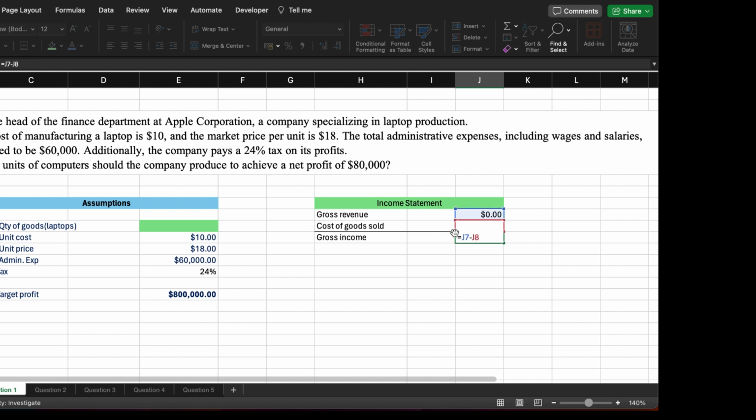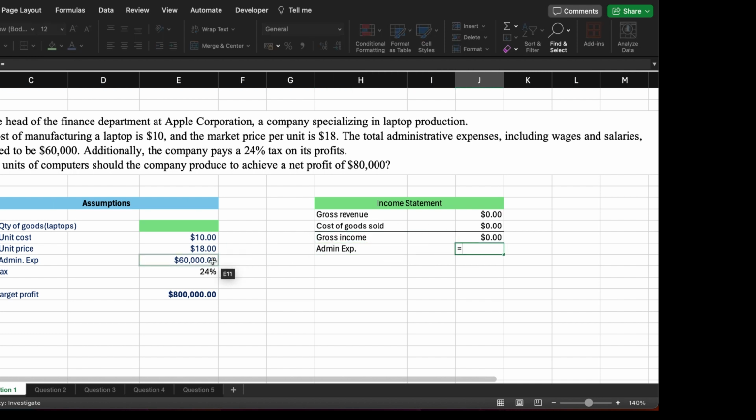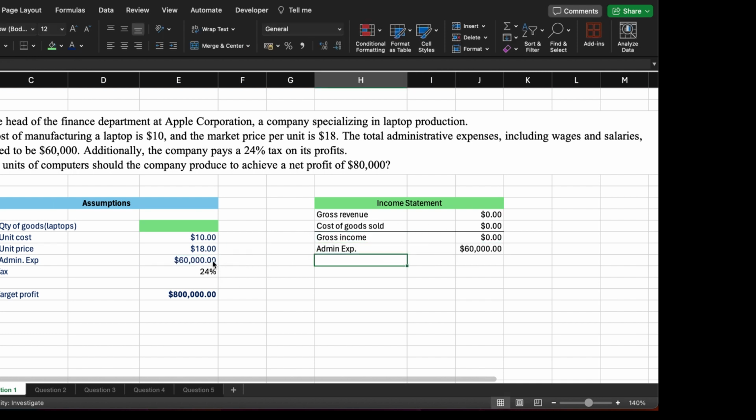That's gross income less administrative expense. This gives us income before tax. And here the corporate tax.